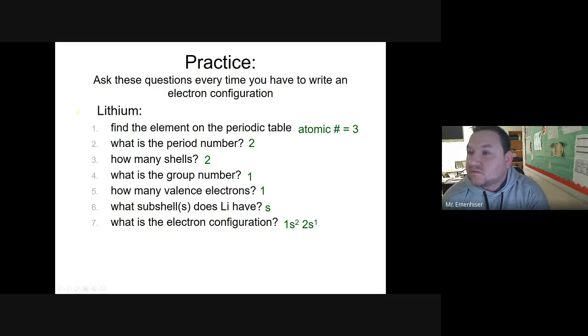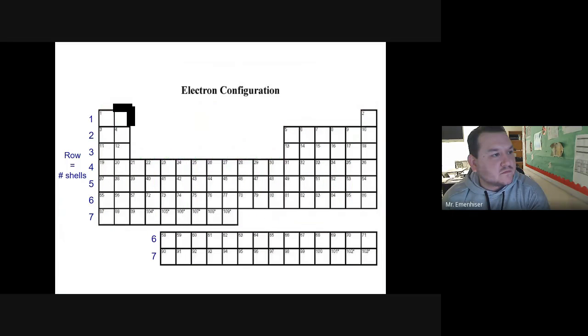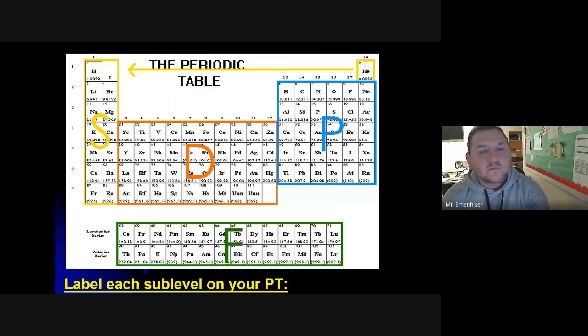Let's go back to our periodic table. All right, Mr. Periodic Table. I'm going to use a different one than that one. I'm going to use this one. Okay. So when you start electron configuration, you have to remember that you have to start with hydrogen. You have to start with element 1. That's our nucleus.